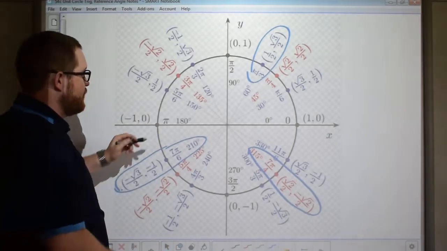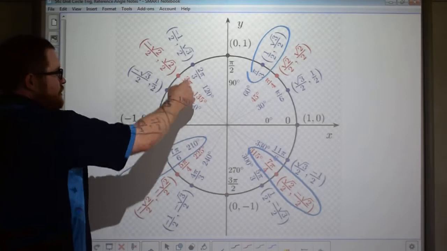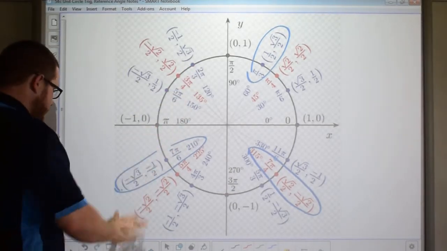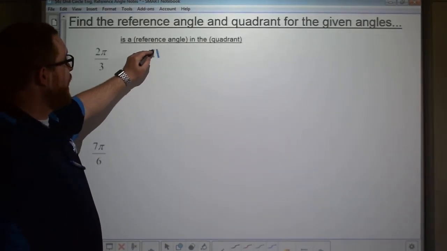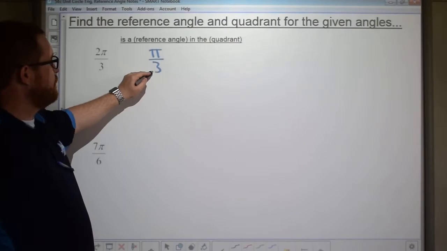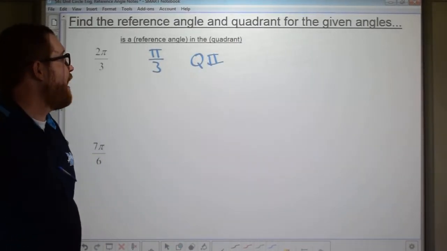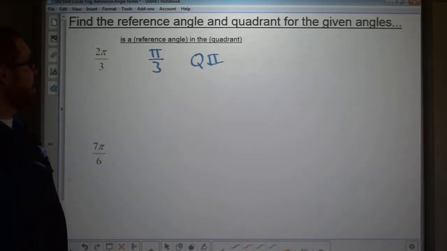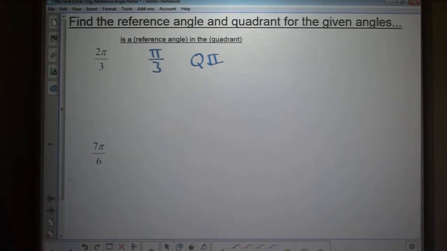It's easier if you think about this 1 pi as 3 pi over 3. How far is it from 2 pi over 3 to 3 pi over 3? Well, that's just 1 pi over 3. This is the angle 1 pi over 3 in the second quadrant. So if I know what the measure of pi over 3 is, then I know the answer for 2 pi over 3.